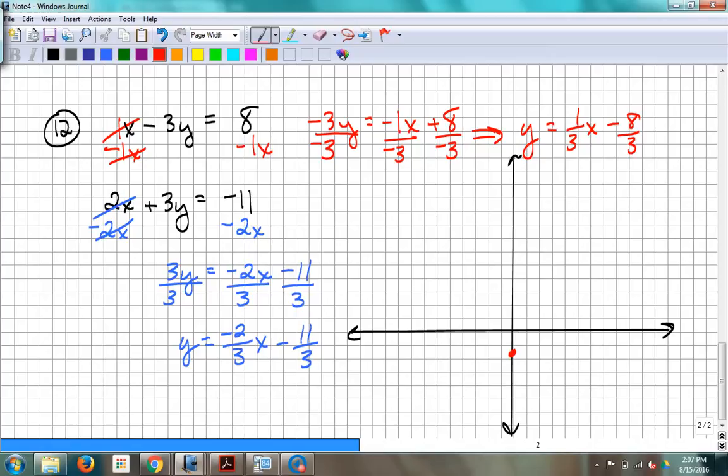And then we're going to go up 1 over 3. Up 1 over 3. I could go down 1, left 3 if I want to. I'm not sure where they're going to cross yet. I know they're going to cross. How do I know these two lines are going to cross? Different slopes.